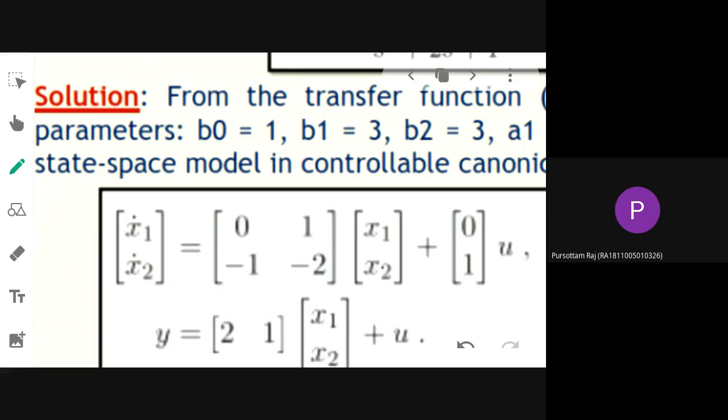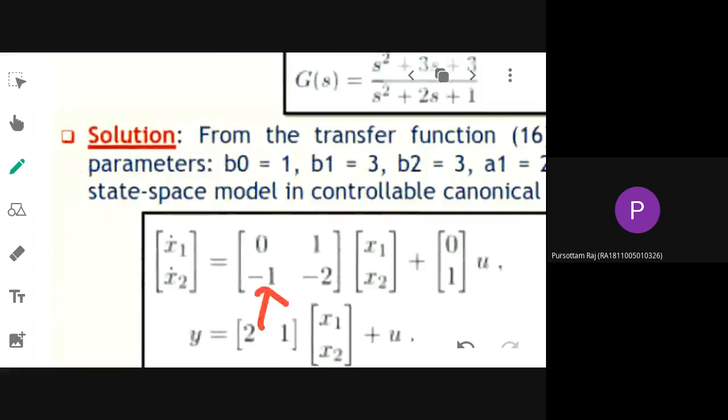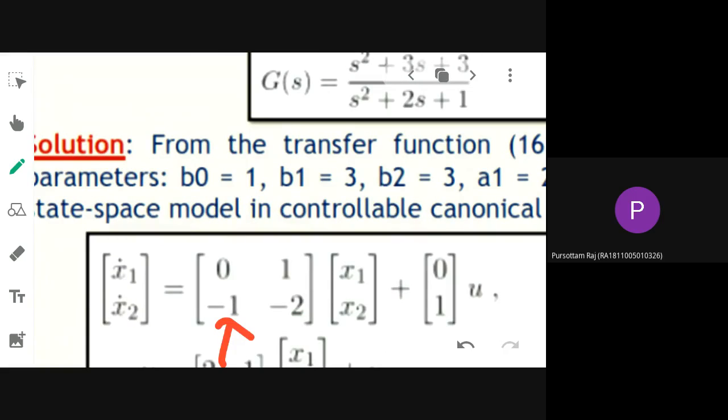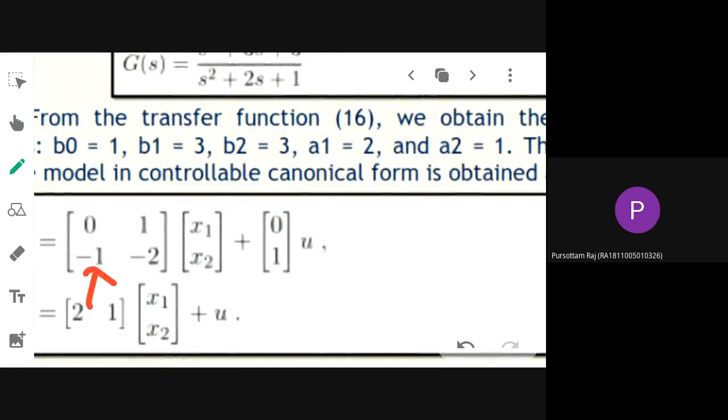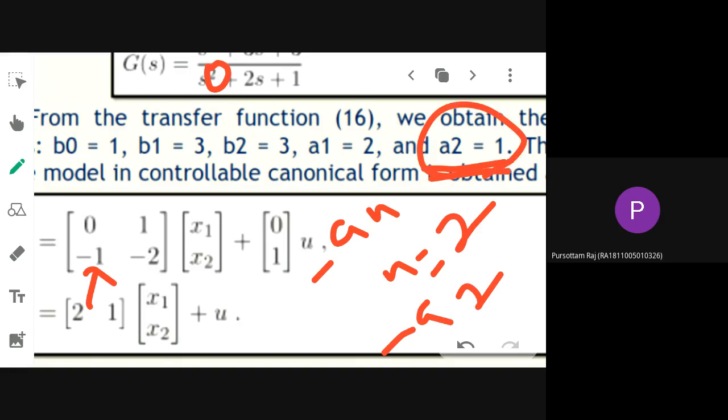So what constant are you substituting here? Minus An. So minus An means minus A2. So what is your A2 here? Here you can see n is equal to 2. So minus A1 will come here. So minus A2. So what is your A2? A2 is 1.